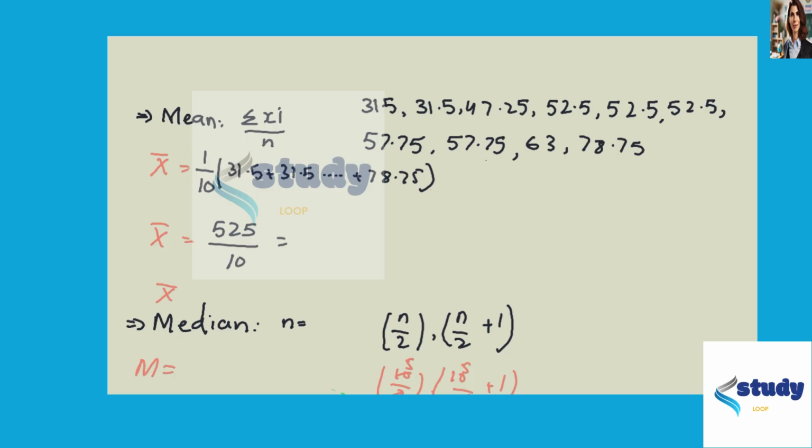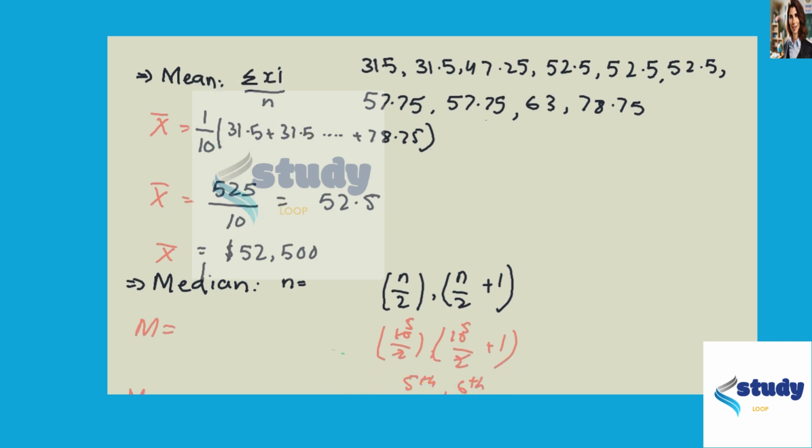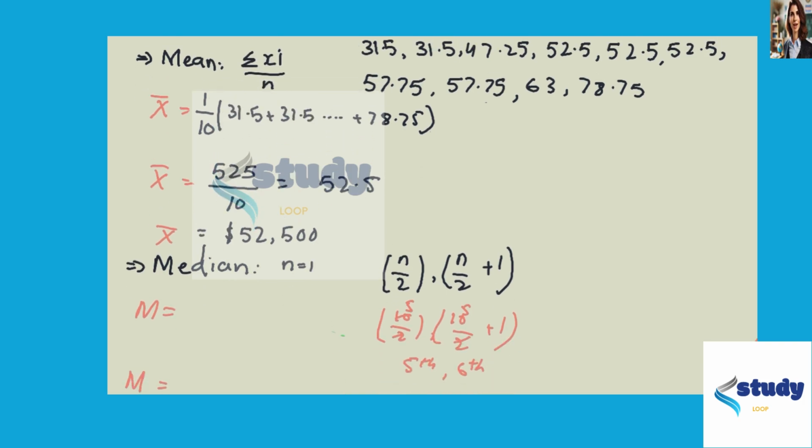So this is 52.5 and dollar 52,500 is the mean of the data.